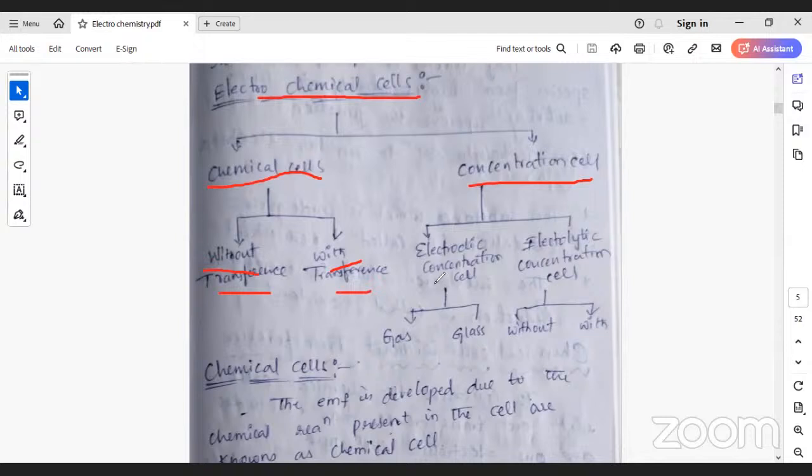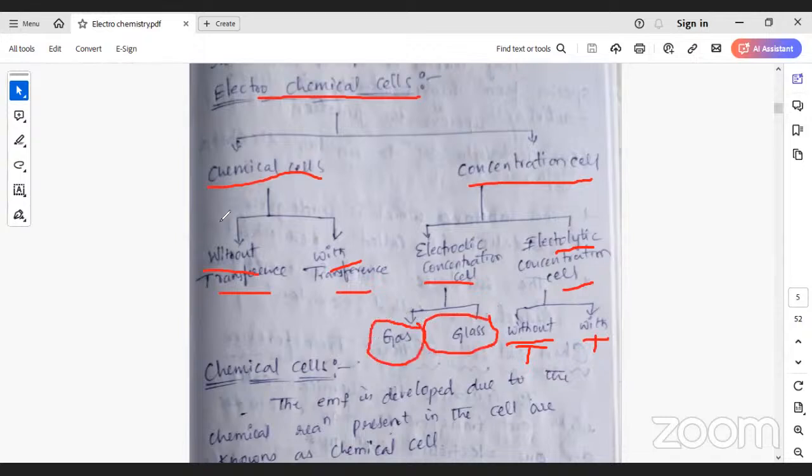Concentration cells are again of two types, electrodic concentration cells and electrolytic concentration cells. Electrolytic concentration cells are again two types, with transference and without transference. Electrodic concentration cells are two types, the gas electrode and the glass electrode, right?